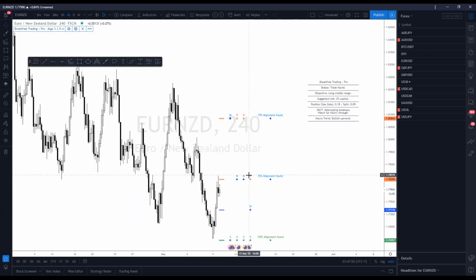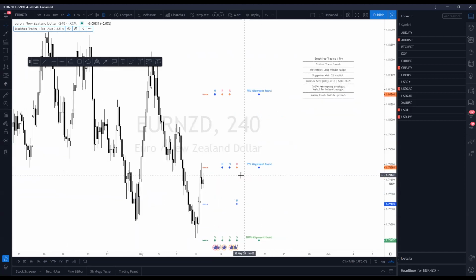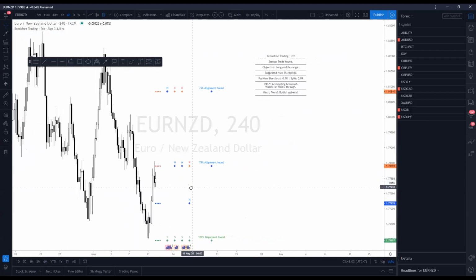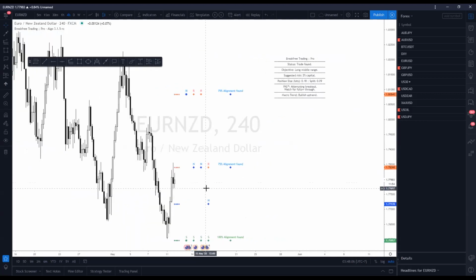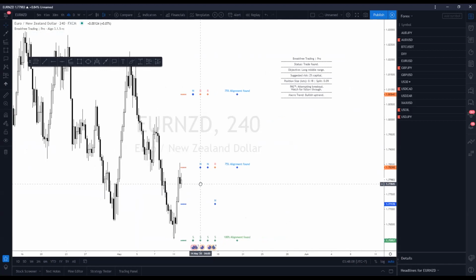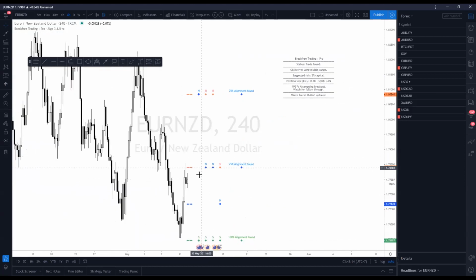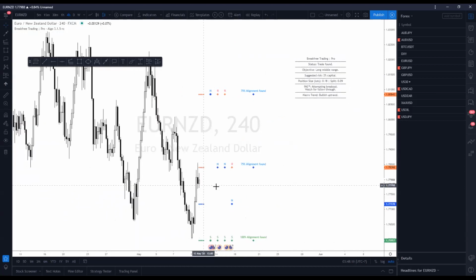Chris, what exactly do you want to know about this? A short, okay, a short from the 75 to another level. Okay, let's have a look. Yeah, so we can see a nice rejection here on the 4 hour on Euro NZD. So what I would do is, I guess price could move a little up again just because we have this doji here.